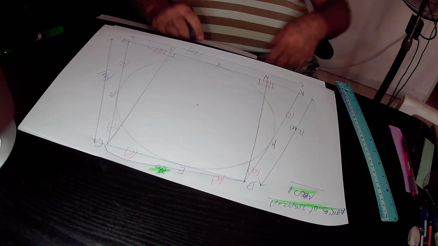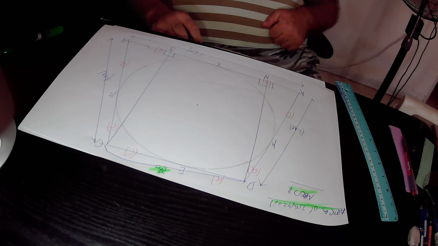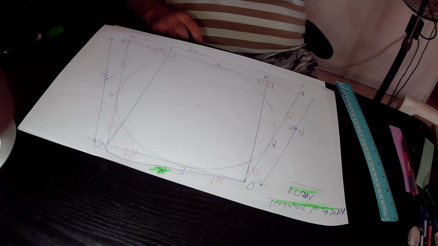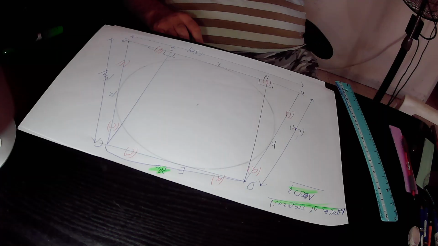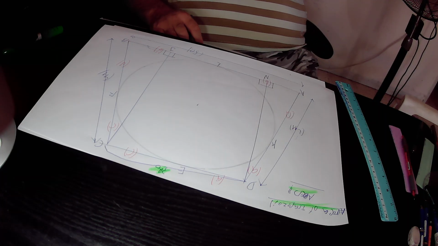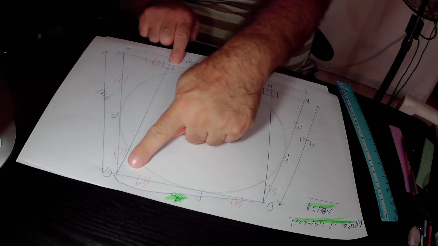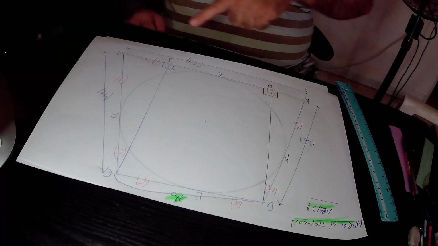Because ABCD is a trapezoid, and a trapezoid is a quadrilateral with one pair of parallel sides, in trapezoid ABCD side DC is parallel to side AB. Those two angles are defined as one-sided interior angles, located between the parallel lines DC and AB.